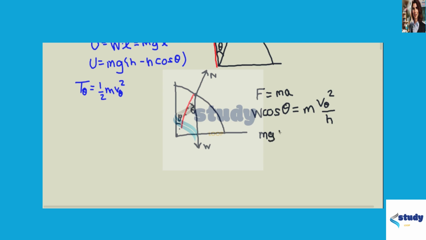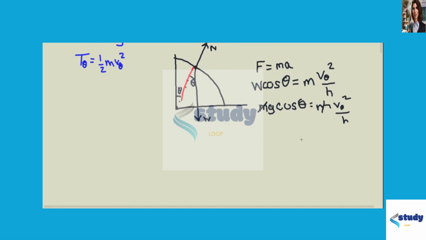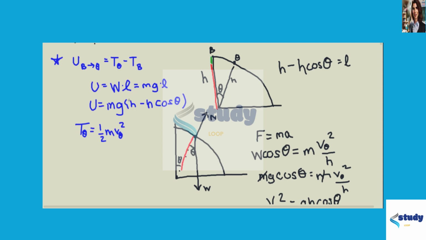So we have mg cosine theta is equal to m v theta squared over h. We're going to cancel out our m's and solve for our velocity at theta. And we're going to plug that back into our kinetic energy equation.